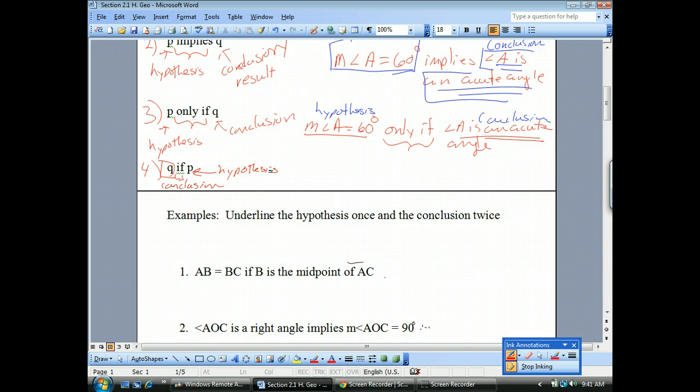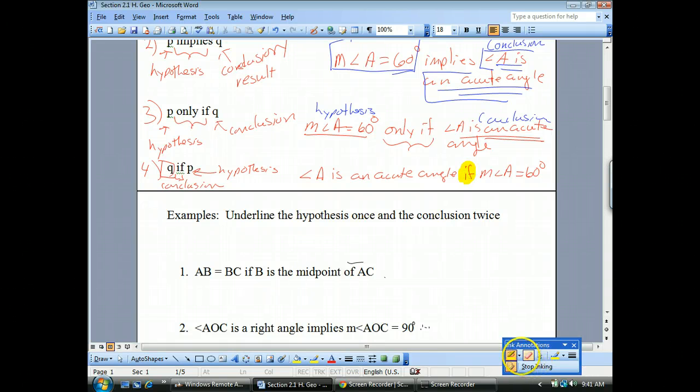So: angle A is an acute angle if measure of angle A equals 60 degrees. So the key word here is if.